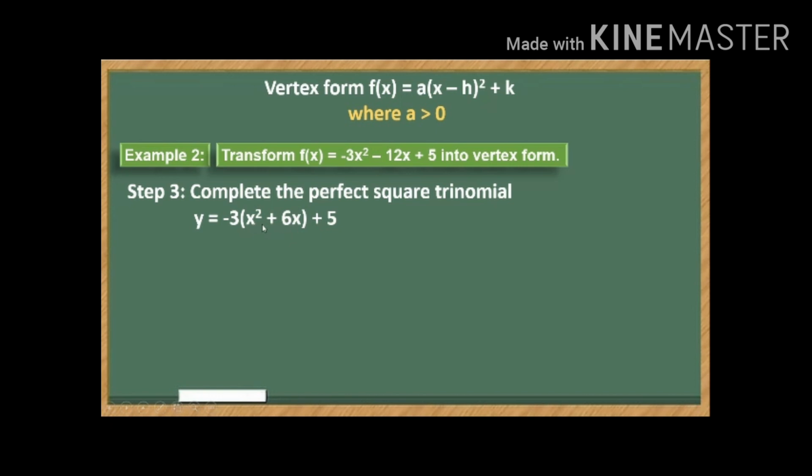So we are going to complete this trinomial and make it a perfect square trinomial. So the result will be y equals negative 3 multiplied by x squared plus 6x plus 9, plus 5, then plus 27. We have 9 added here and 27 added also. So how did we do that? Let's continue with our discussion.